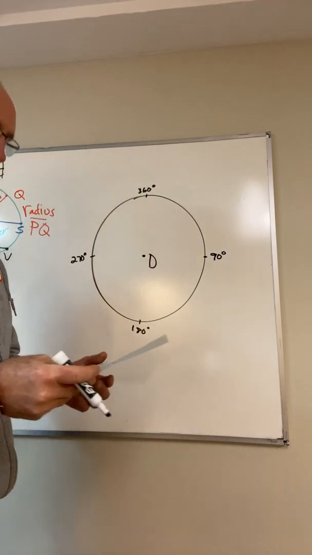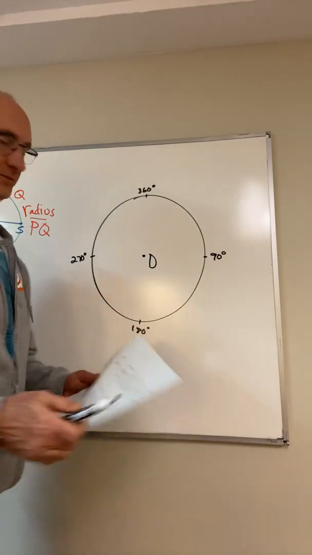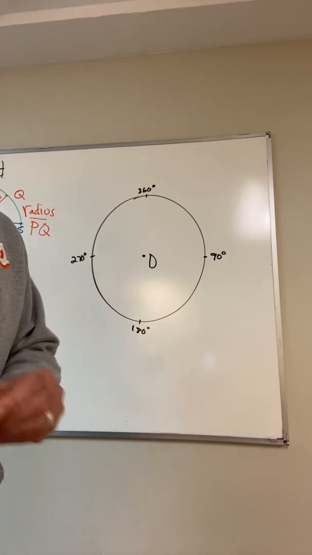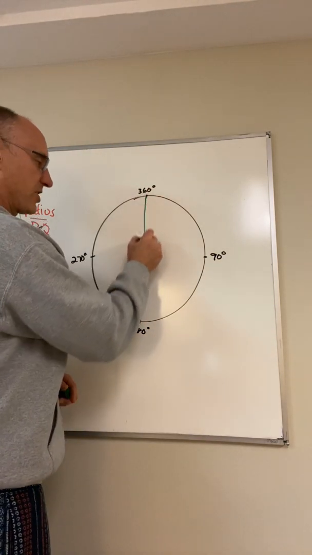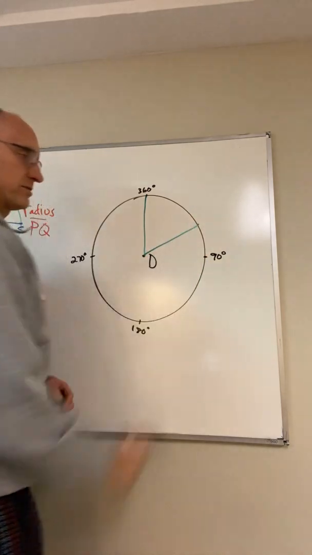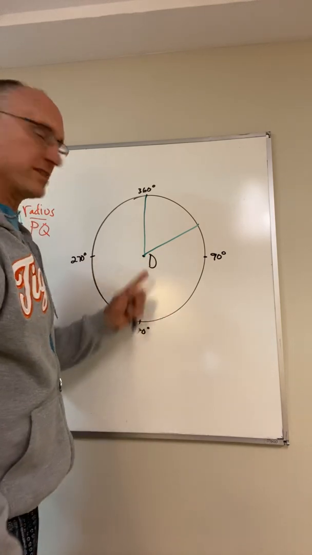Okay, so if I were to draw an angle with the vertex of the angle on the center, like let's say I started here and I went like this, do you see how the vertex of the angle is on the center?